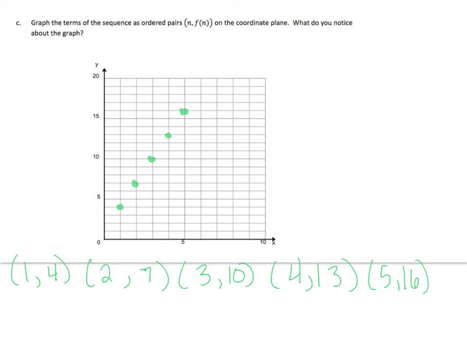In essence, we cannot connect the dots because it's not a linear function. Every time we input something, so we input a 1, we get a 4. We input a 2, we get a 7. So it's not a line per se, but it does form a pattern that I could connect a line through.